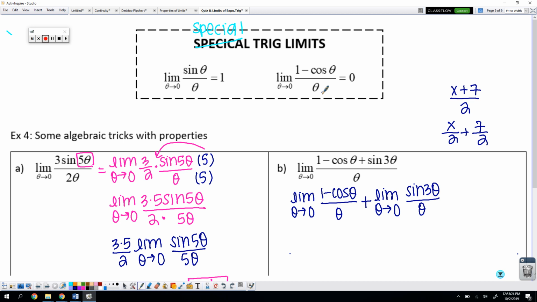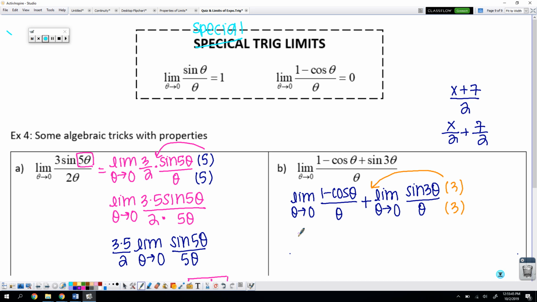It says 1 minus cosine theta over theta is 0. But on the right side, we have a problem because I don't have a 3 theta on the bottom. So I need to multiply by 3. Now we have everything looking good: 3 and theta, that's great. Sine 3 theta, and this 3 is extra, so we're going to move it right here.